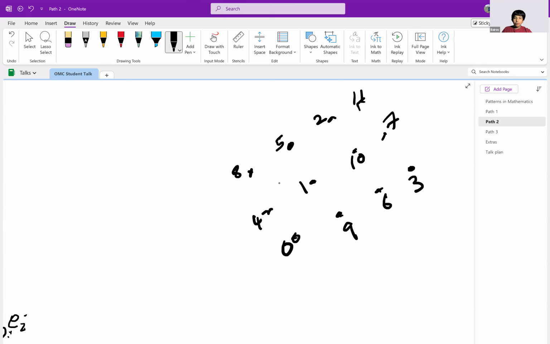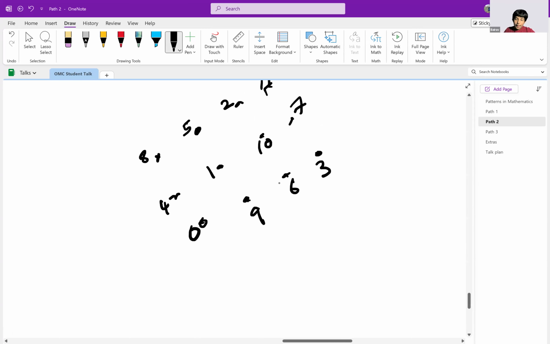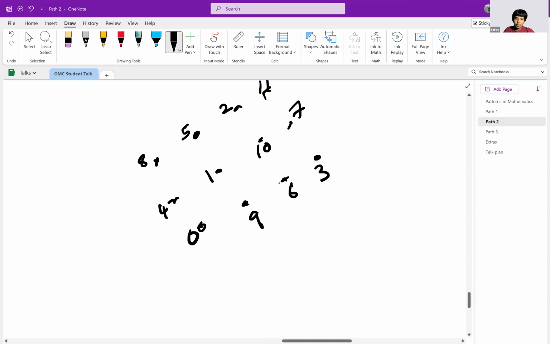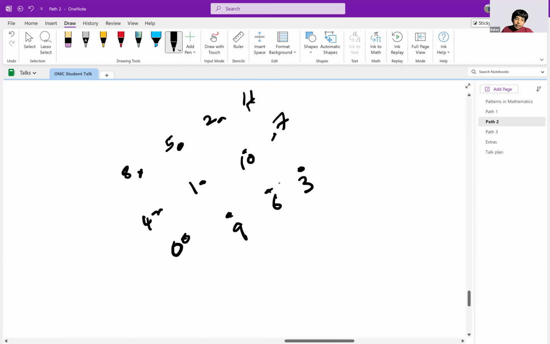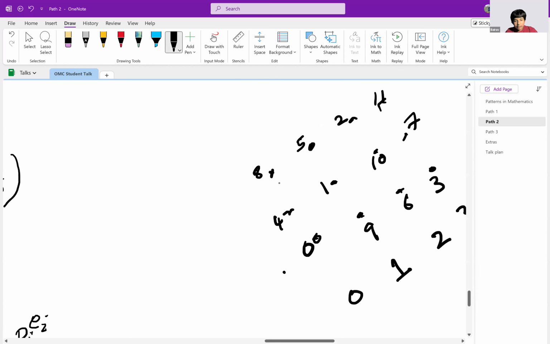So this is the mod 12. If you look at it, this is 1 mod 4, 2 mod 4, 3 mod 4, 0 mod 4. And the other is 0, 1 and 2 mod 3.